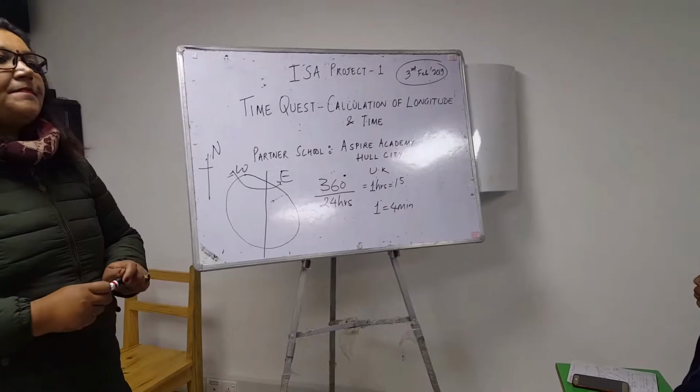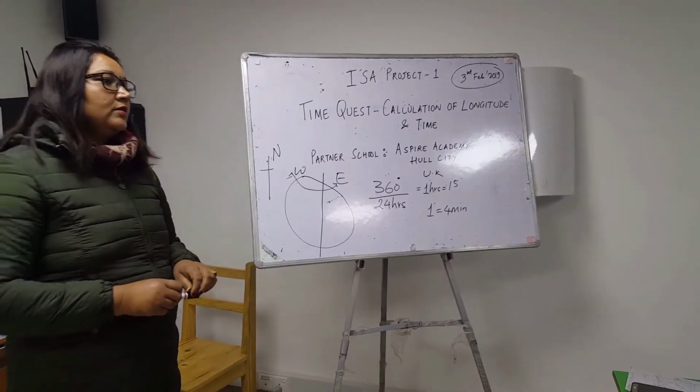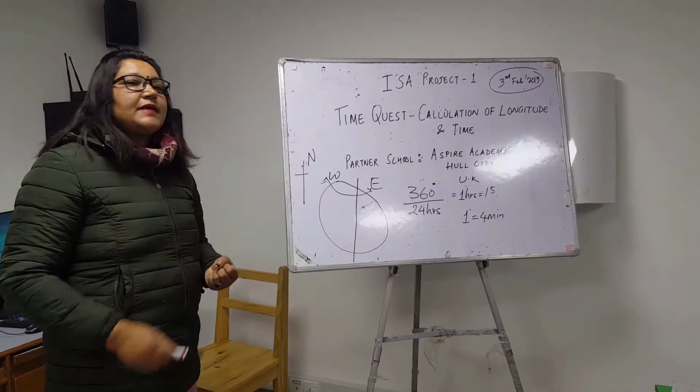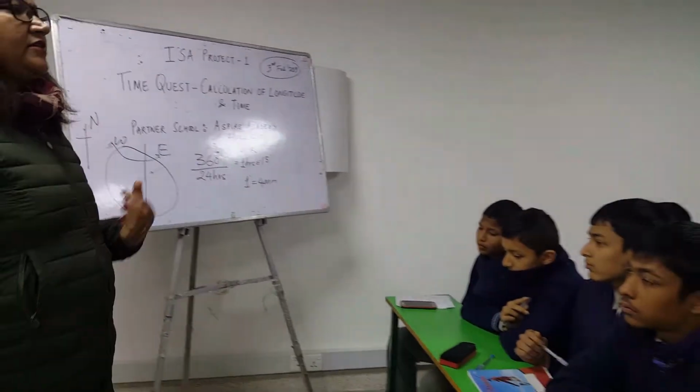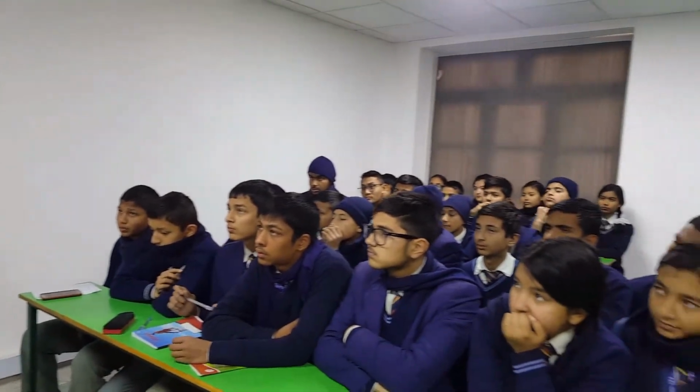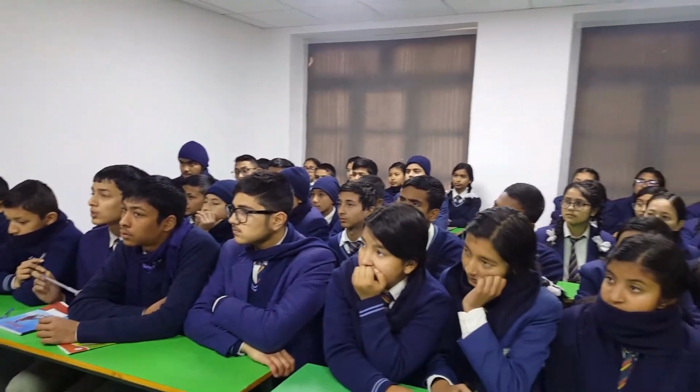Now let's talk. In the past, the sun used to help to determine the time of the world. No, the people used to see the direction of the sun and the length of the shadow, and they used to determine the time.